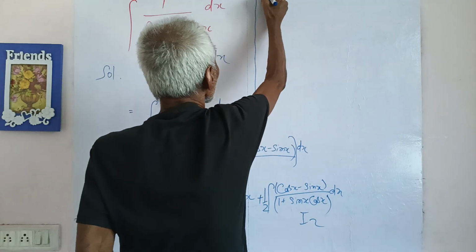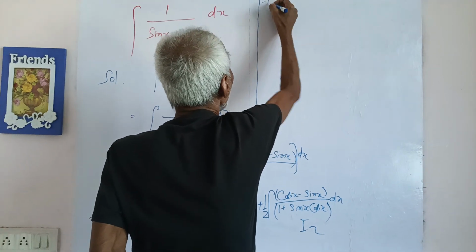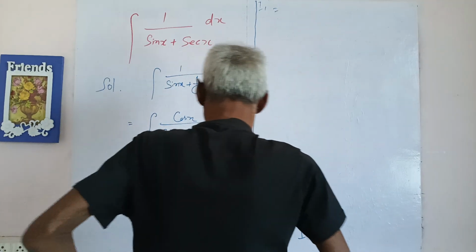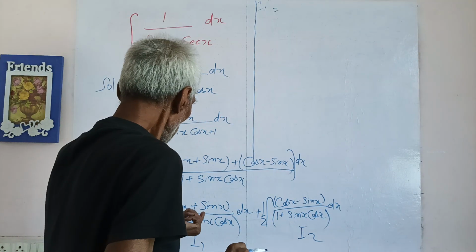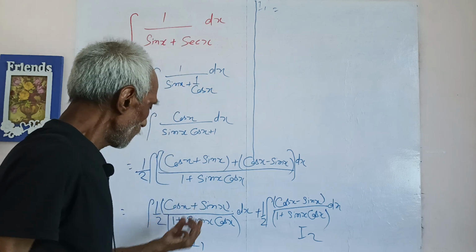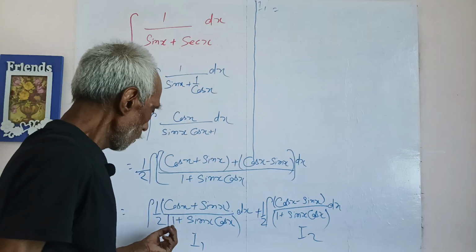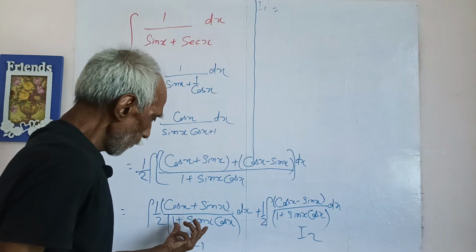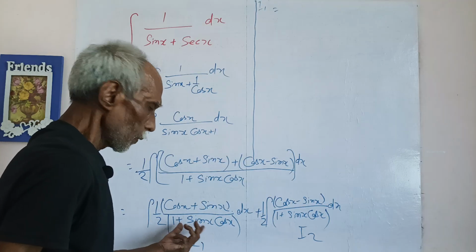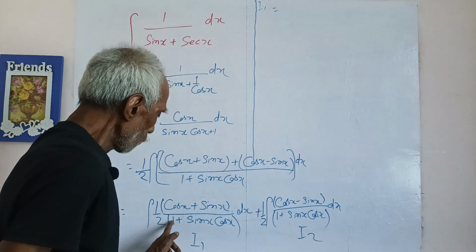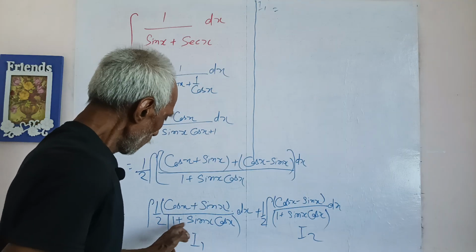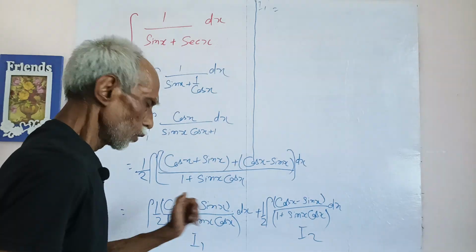Right, I1 is equal to, look at here. This part is in the form of a plus b, and here is also not complete but in the form of a square plus b square plus 2ab. For 1 we can write sin square x plus cos square x, and for this part you have to write 2 sin x into cos x.